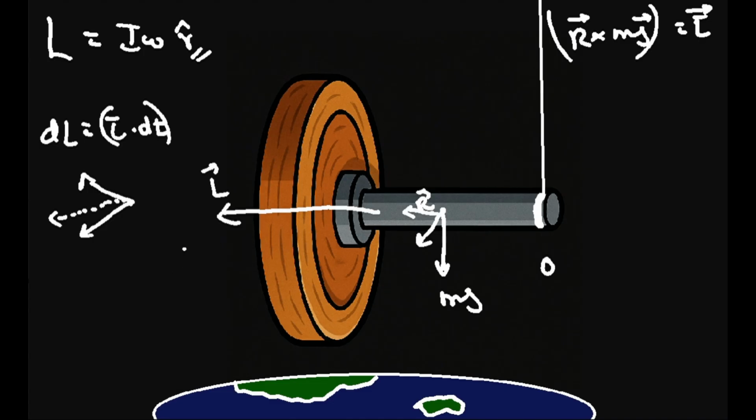If you draw the diagram, then this is the torque, and this is the change in the angular momentum. If we give dL equal to torque times dt, and this is the previous angular momentum L, then adding both of them gives the new angular momentum. And that's why the wheel is again rotated in this way, because the angular momentum has changed.